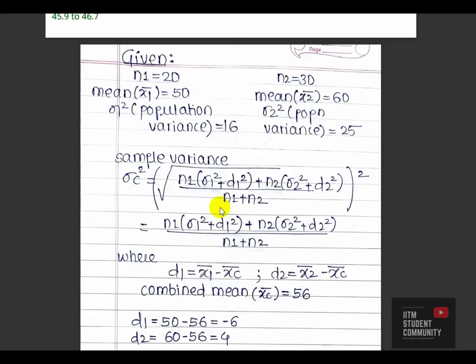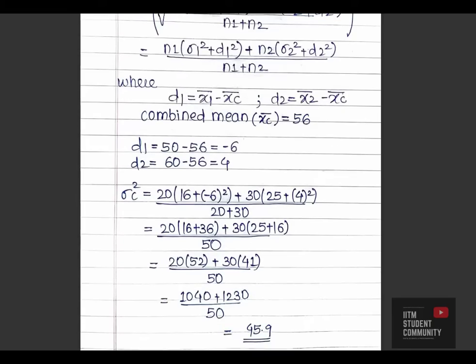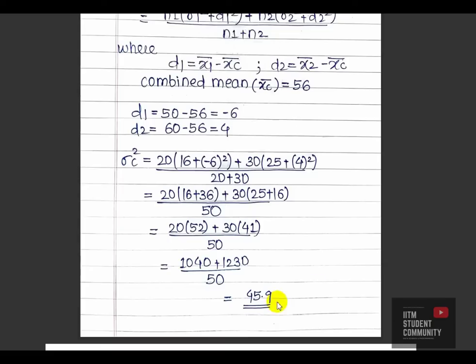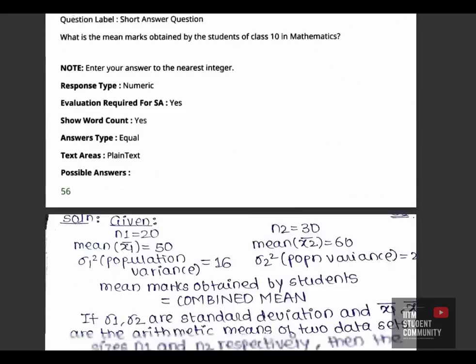Now this is the formula for combined sample variance, which is n1 times sigma 1 square plus d1 square, plus n2 times sigma 2 square plus d2 square, the whole upon n1 plus n2, where d1 is equal to x1 bar minus combined mean and d2 is equal to x2 bar minus combined mean. We have the combined mean value 56 from the previous question. We put that in the formula and we get the answer to be 45.9. Okay, this question is done.